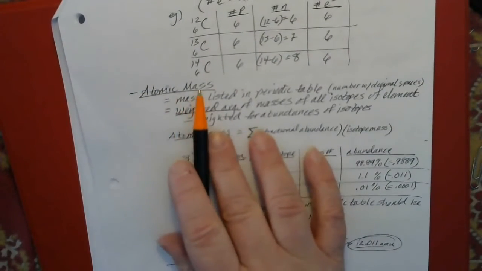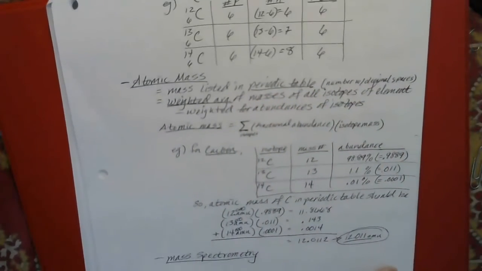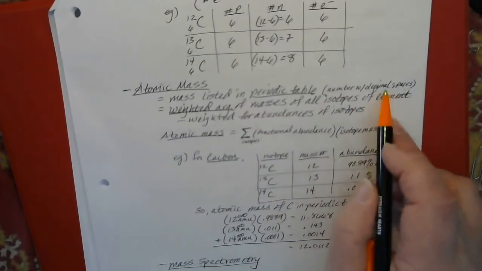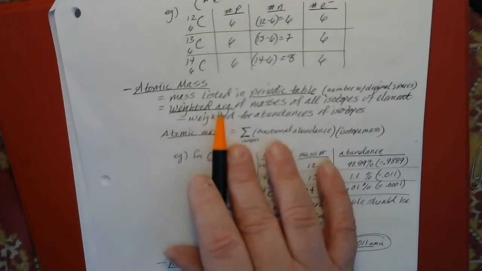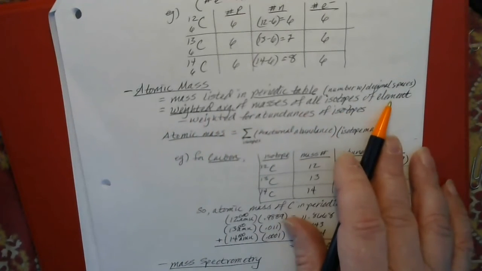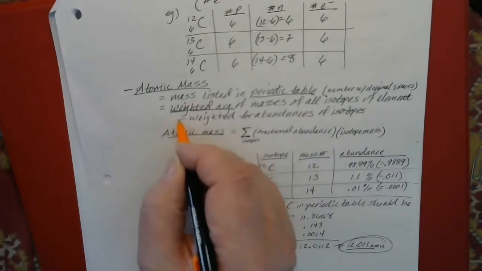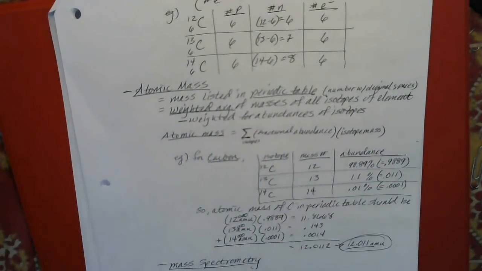Okay, so the atomic mass is the number in the periodic table, the number with the decimal places in it. It's the weighted average of the masses of all of the isotopes of that element that exist. And specifically, it's weighted for the proportions or abundances of each isotope. So each isotope exists as a certain percentage of the overall element.